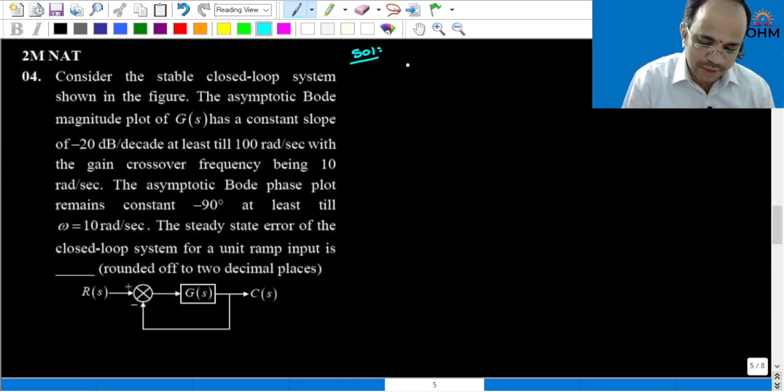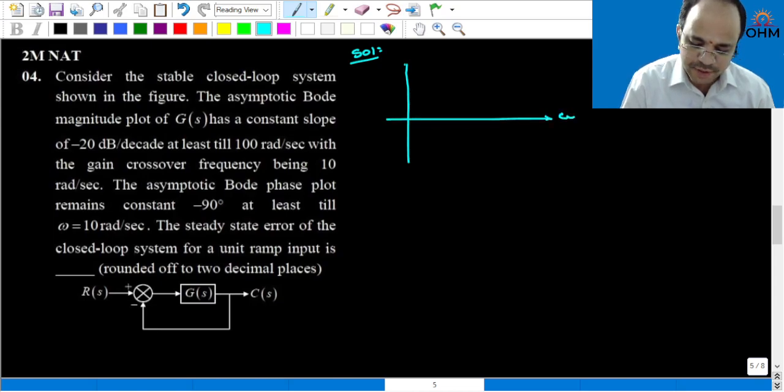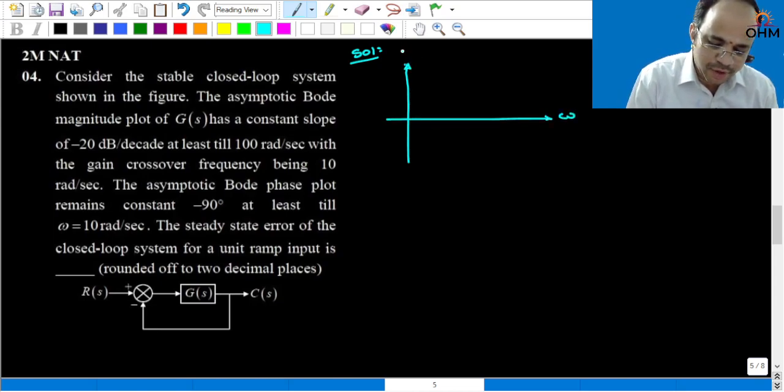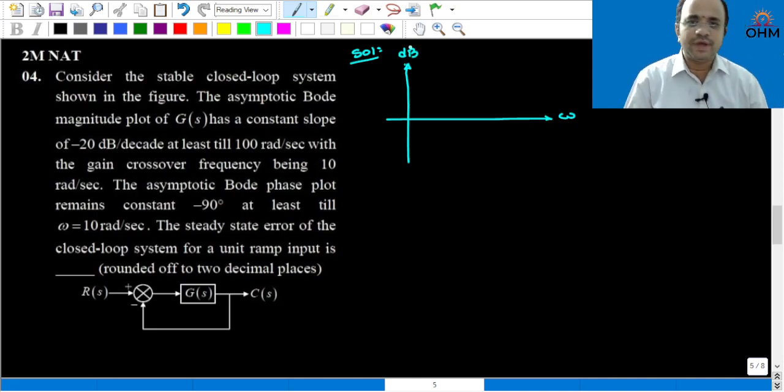Now in this problem, if you understand carefully the given statement, it is mentioned that the magnitude plot, let me take dB on the y axis and frequency on the x axis, has a constant slope of minus 20 dB per decade at least till 100 radian per second.